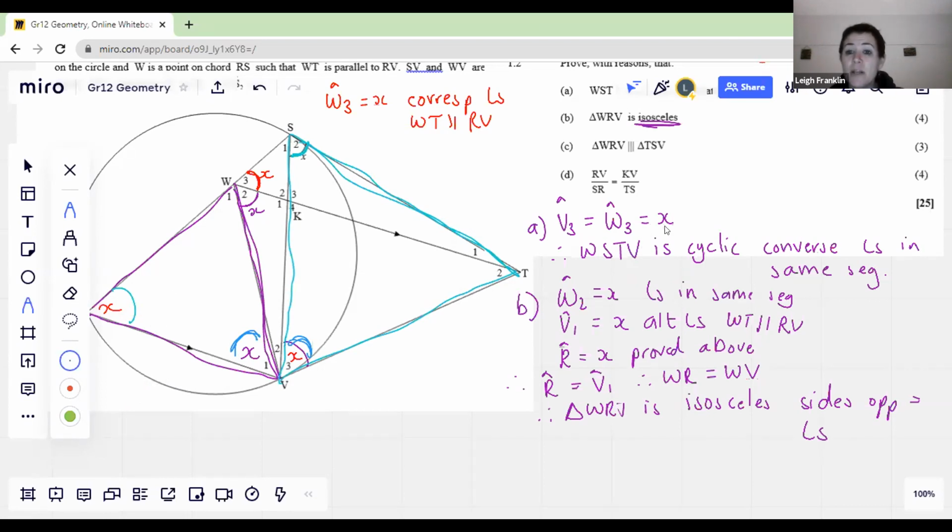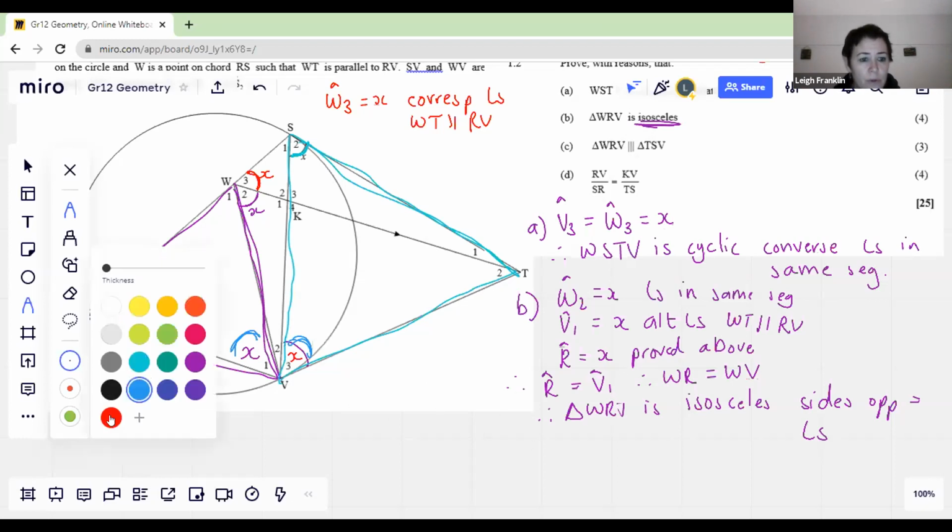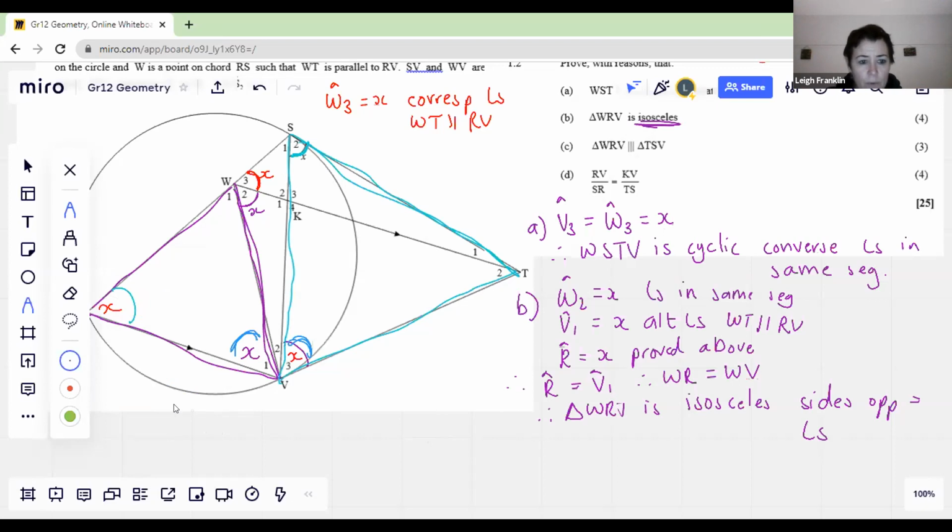Does that make sense to everybody? Again, angle W has to equal angle T, like we said, right? R equals S. R equals S. And V and V are the same, V1 and V2. Okay, so here we would write in triangle WRV and triangle TSV.